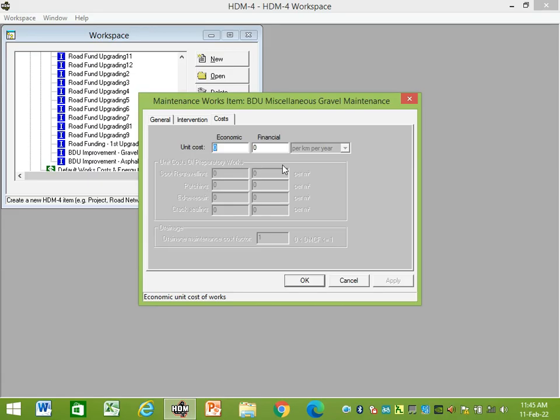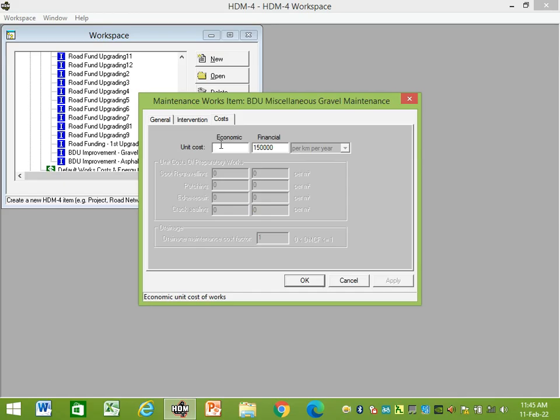Cost, gravel road maintenance. What ERA has given us is, I think, per kilometer. Gravel road 150,000. Financial maintenance cost 150,000.